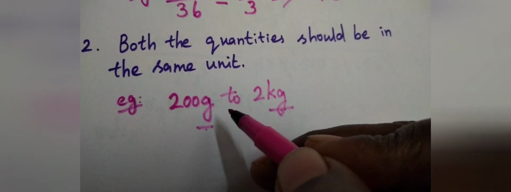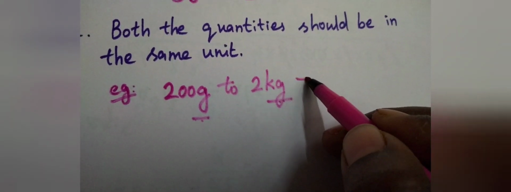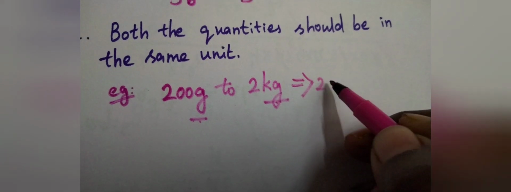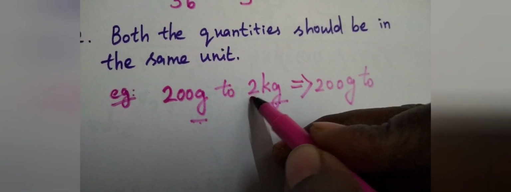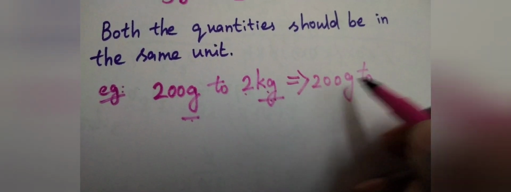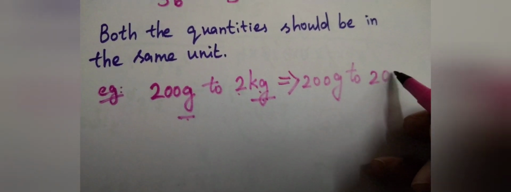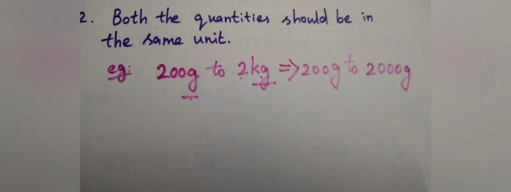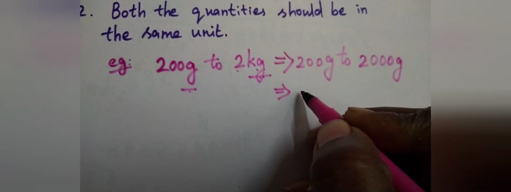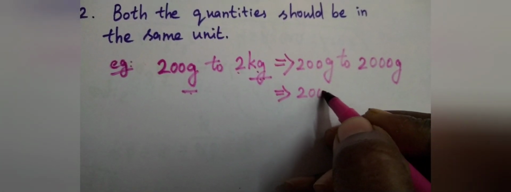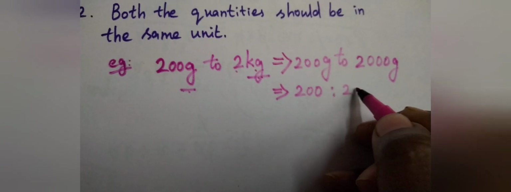I have to change to the same unit. So 200 gram to 2 kilogram is converted to gram. That means we get 2000 gram. Then I can write it in ratio form. 200 is to 2000.